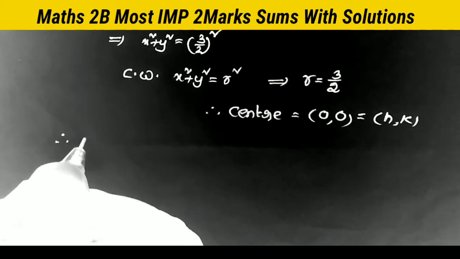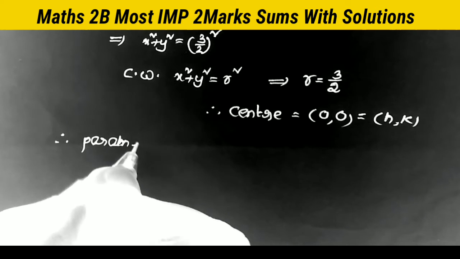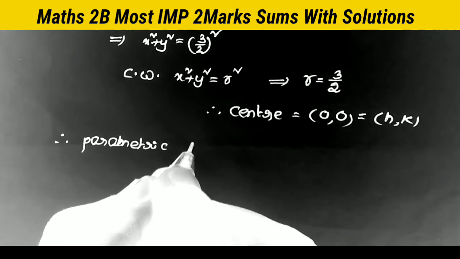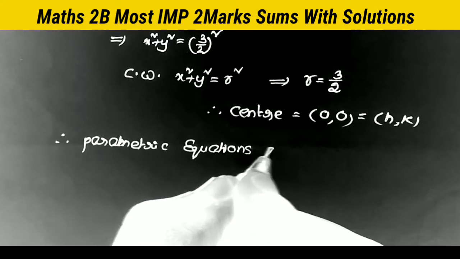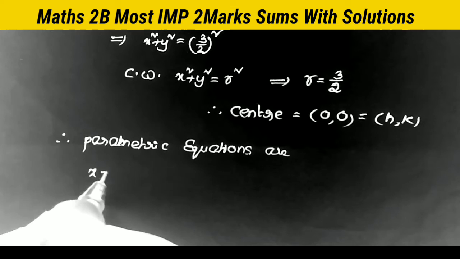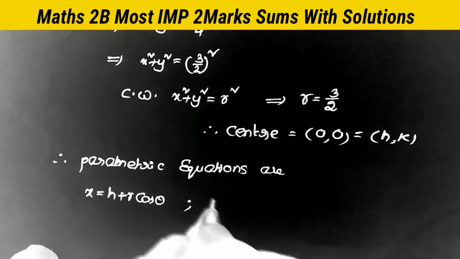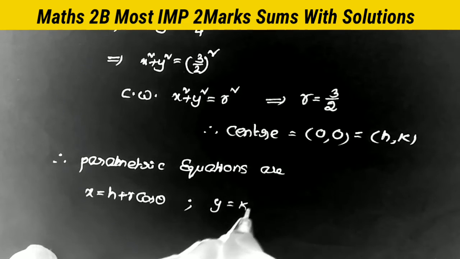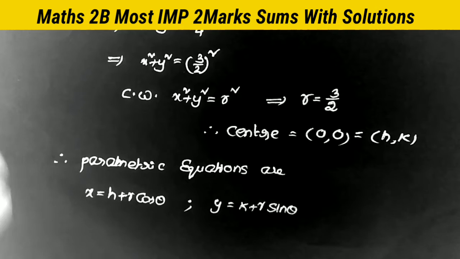Therefore, we want the parametric equations. The formula is x is equal to h plus r cos theta and y is equal to k plus r sin theta. These are the parametric equation formulas.